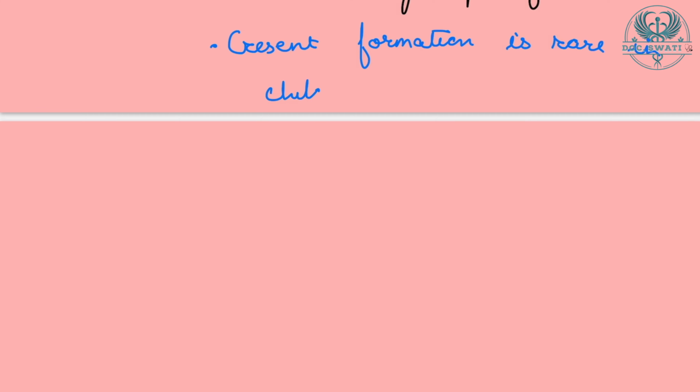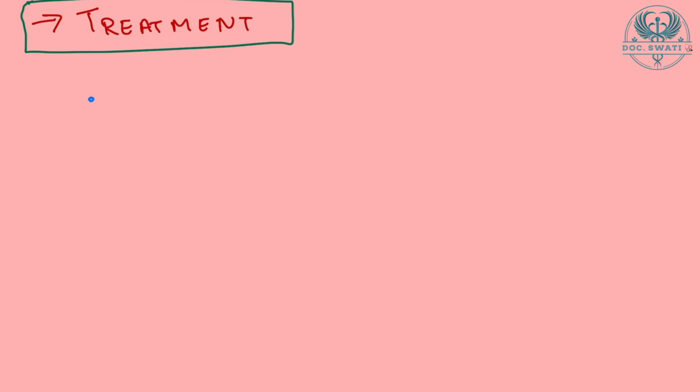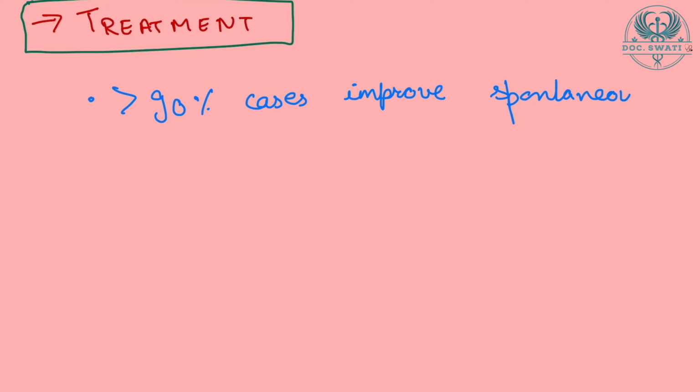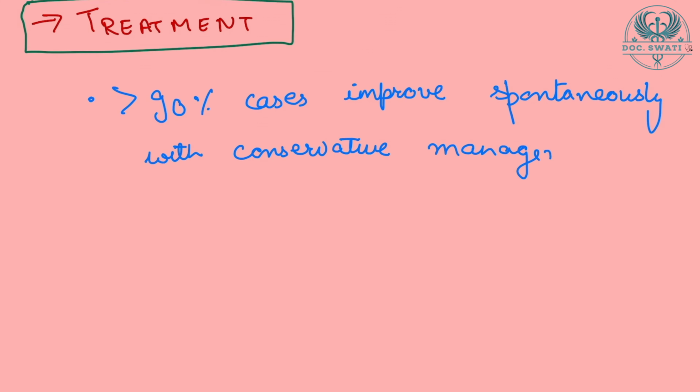Let's move ahead and now talk about the treatment of HENOCH SCHÖNLEIN PURPURA. More than 90% of cases improve spontaneously with conservative management within 4 weeks. Role of steroids is only in severe gastrointestinal involvement.